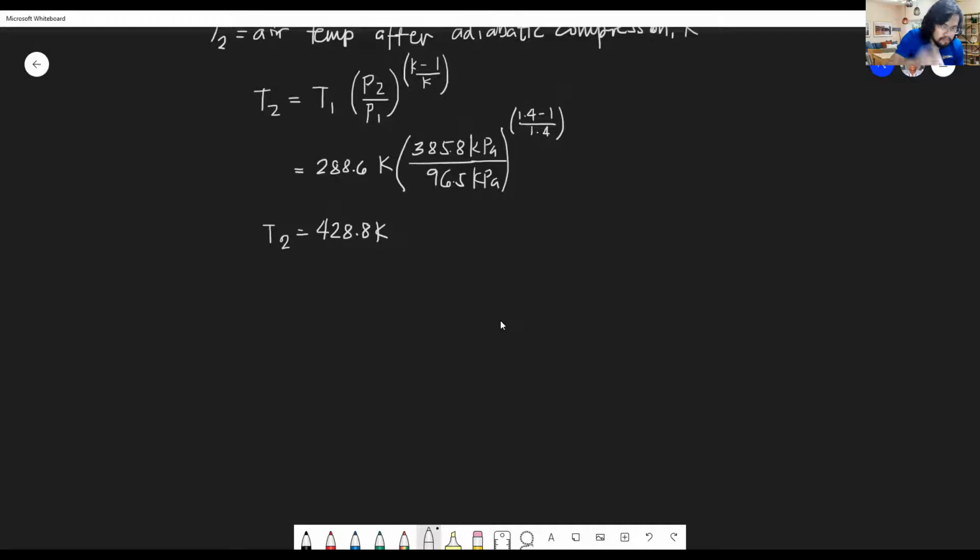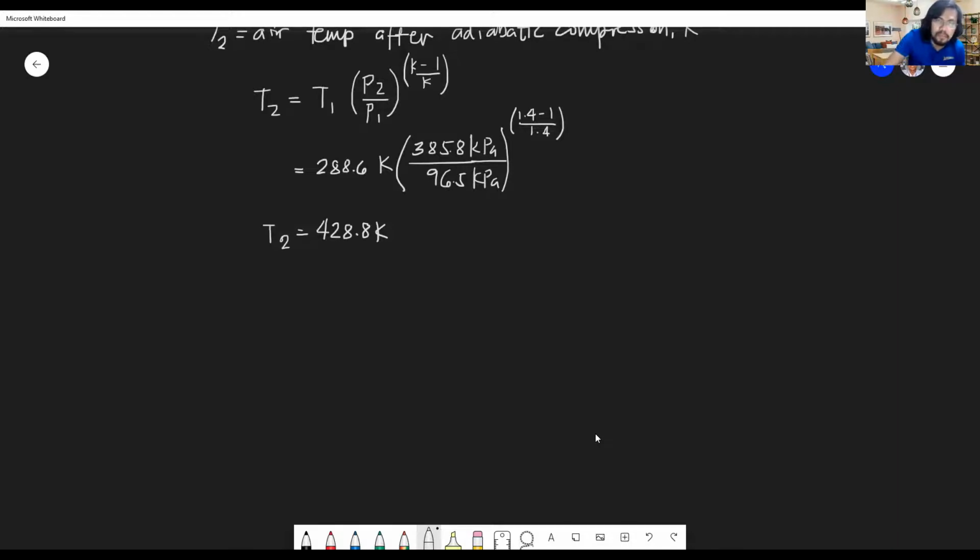We're actually looking for the thermal efficiency and work, and we want to get the temperatures. Finally, we have to get the value for the W net.